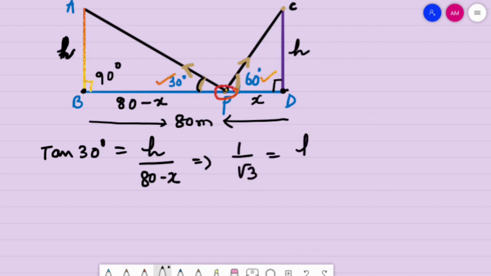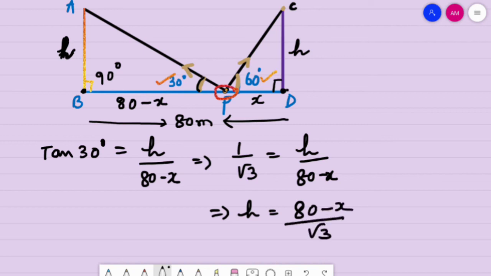So 1 by root 3 is equal to H by 80 minus X. So this means H is equal to (80 minus X) by root 3. Children, it's very simple. So this is the first equation for H.